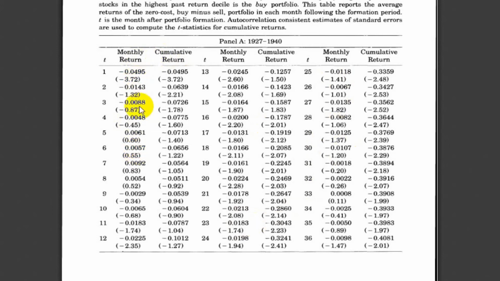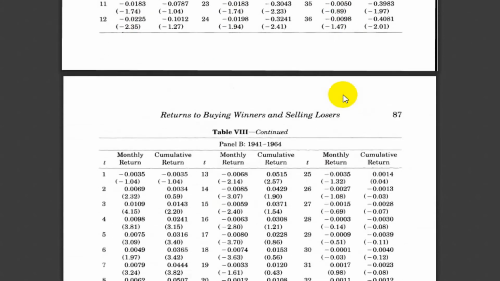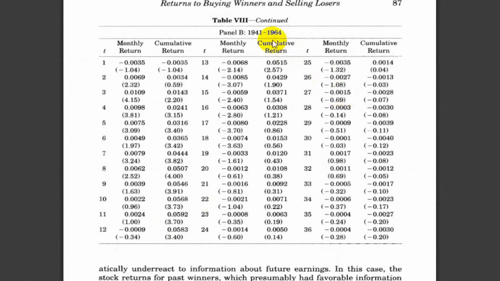And also the higher incidence of mean reversion from the volatility of the time period reduces the effectiveness of the persistence in returns. So now let's go down to panel B, which is the 1941 to 1964 period.